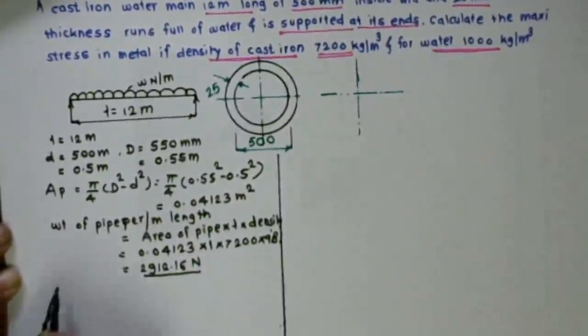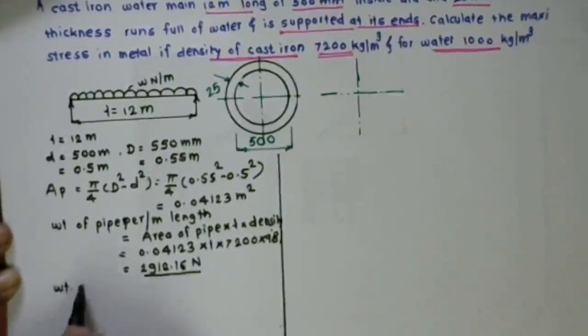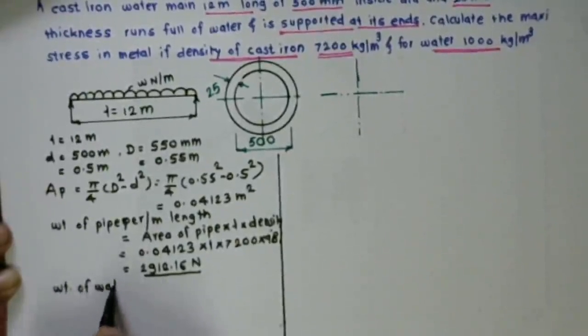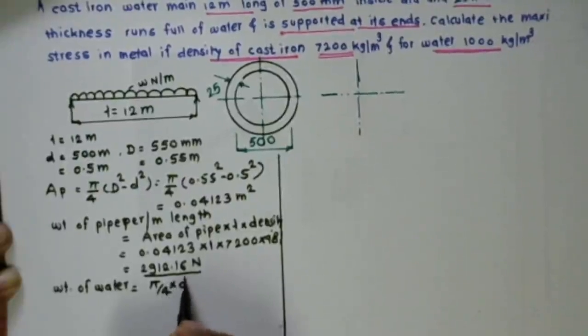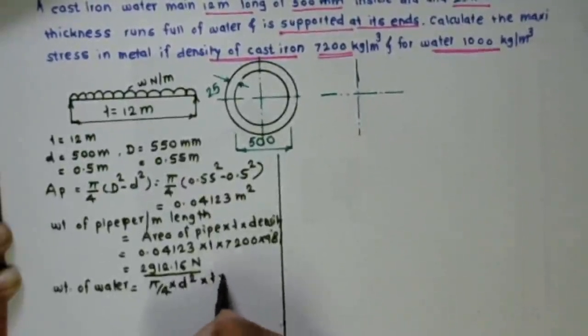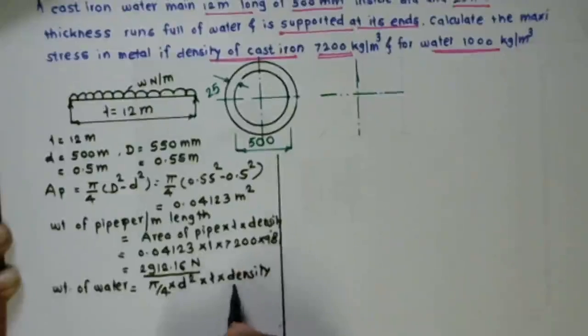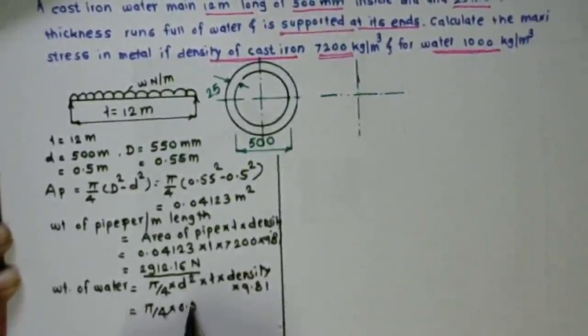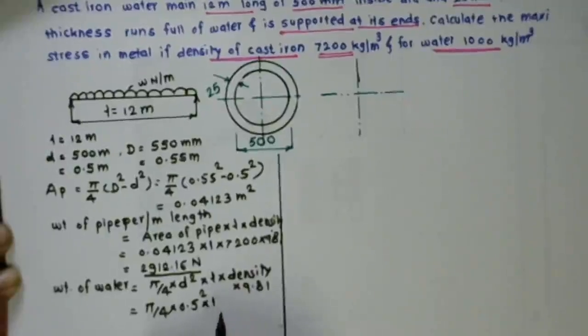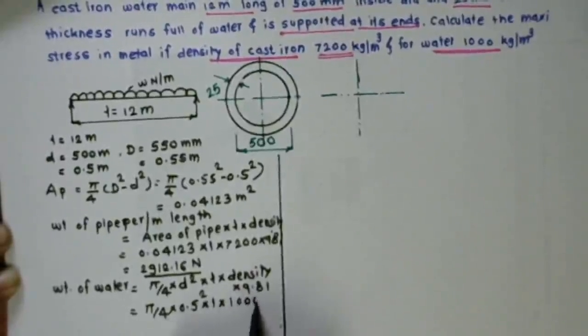Similarly, we can calculate the weight of water. Weight of water is equal to the area of the water, that is the internal diameter, pi by 4 into d square into L into its density into 9.81. So pi by 4, inner diameter is 0.5, per meter length so 1, density is given 1000 into 9.81.